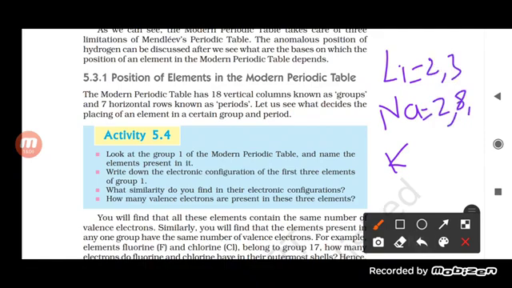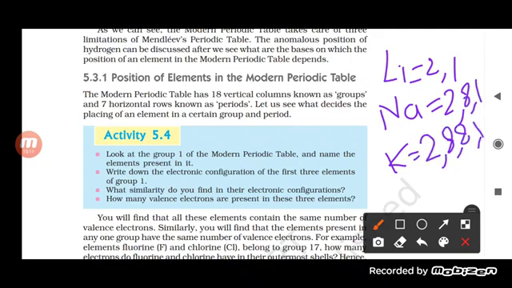One more thing. In case of lithium, it is 2, 1. In case of sodium, it is 2, 8, 1. While in case of potassium, it is 2, 8, 8, 1. Because lithium's atomic number is 3, sodium's atomic number is 11, and potassium's atomic number is 19.